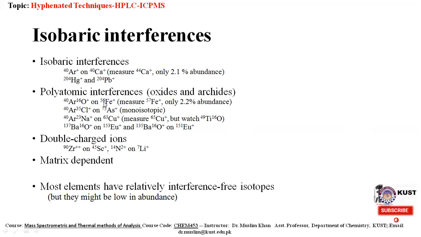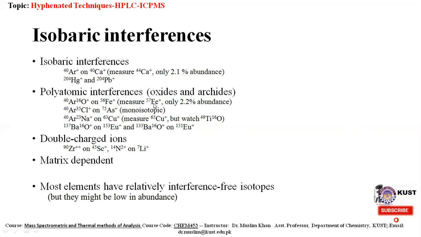Then it is very difficult to know whether this interference is due to the iron or due to the argon oxide. So instead of measuring 56 for iron, we are not measuring 56, because it is very difficult to differentiate between iron signal and argon oxide.